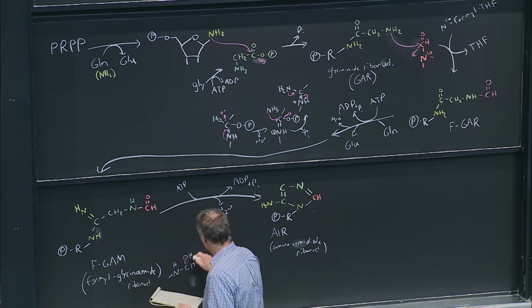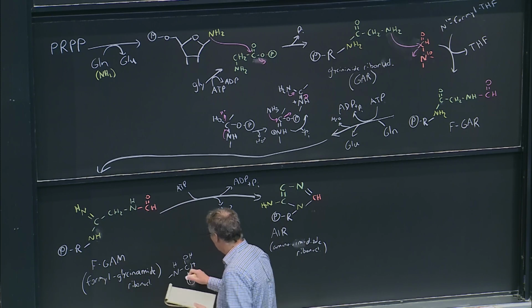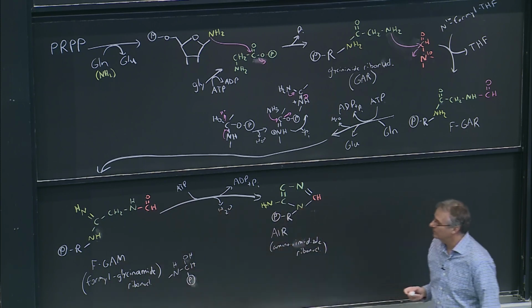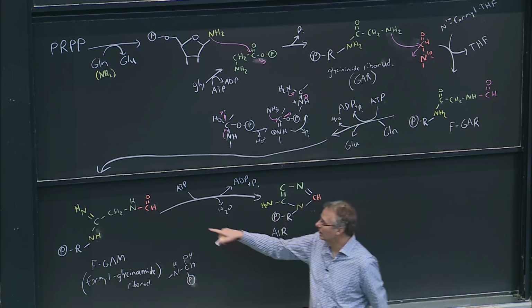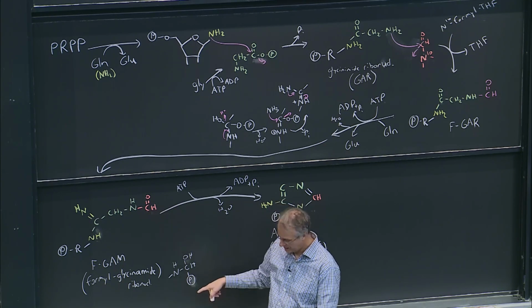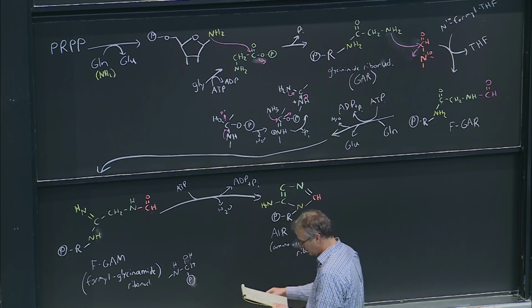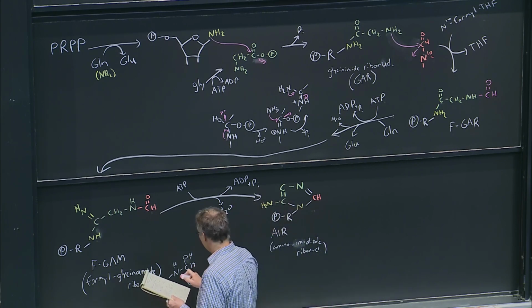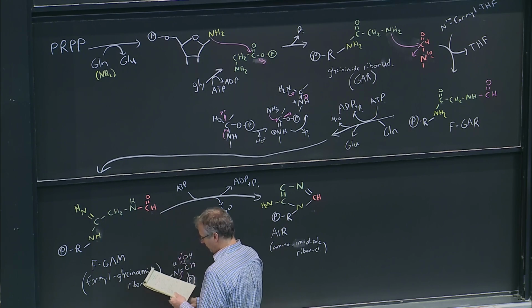First step is phosphorylation: ATP will phosphorylate the aldehyde to give this intermediate. Water is lost.